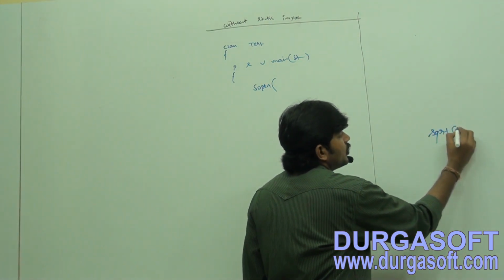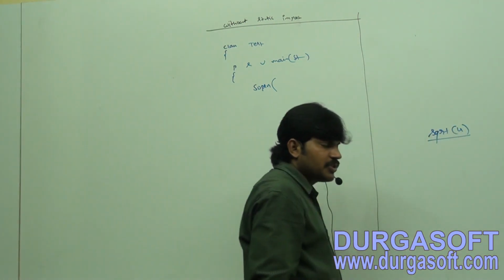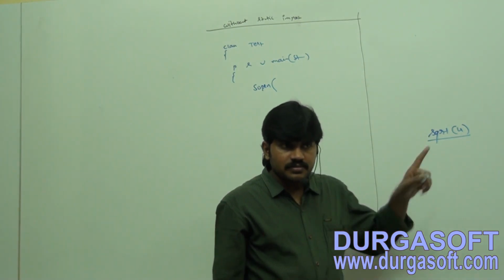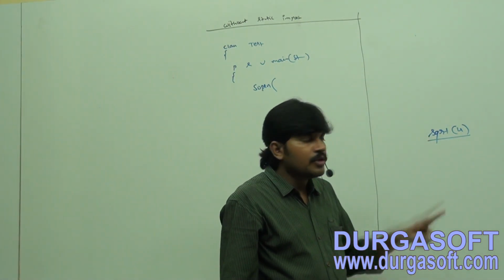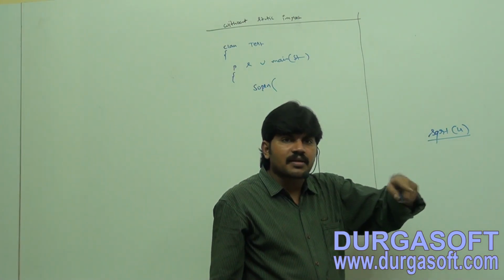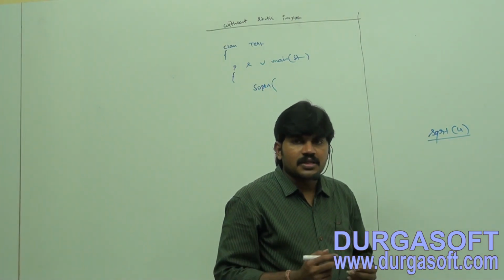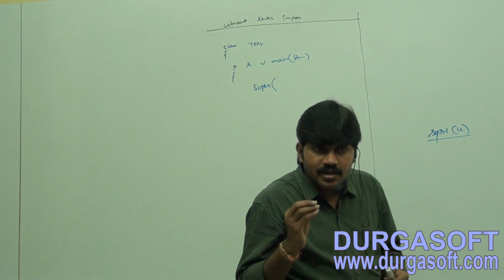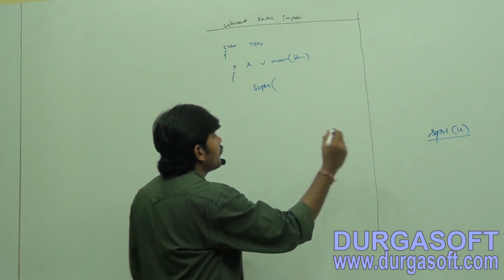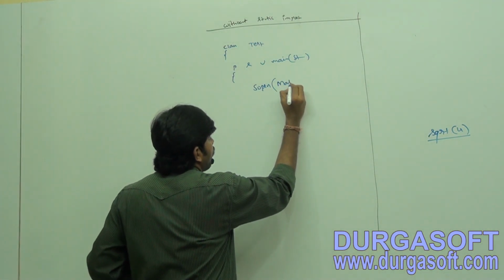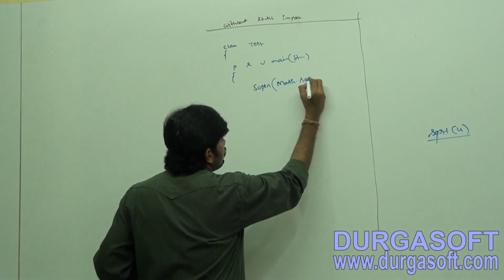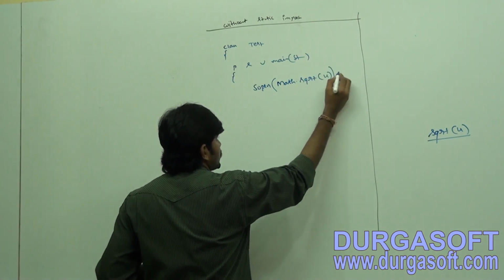Can you tell in which class the square root method is present? Math class. The square root method present in the Math class is a static method. That's why, how can we access a static member? By using the class name. Math.sqrt of 4.